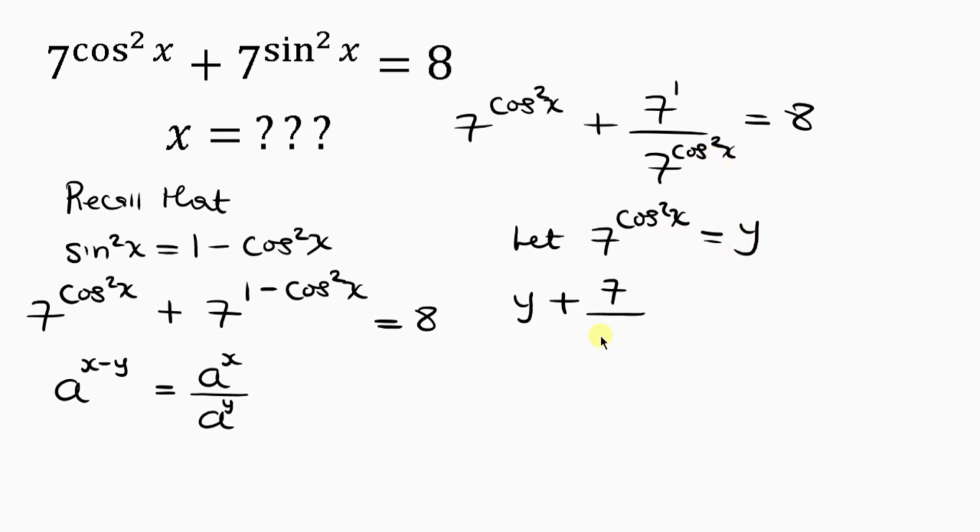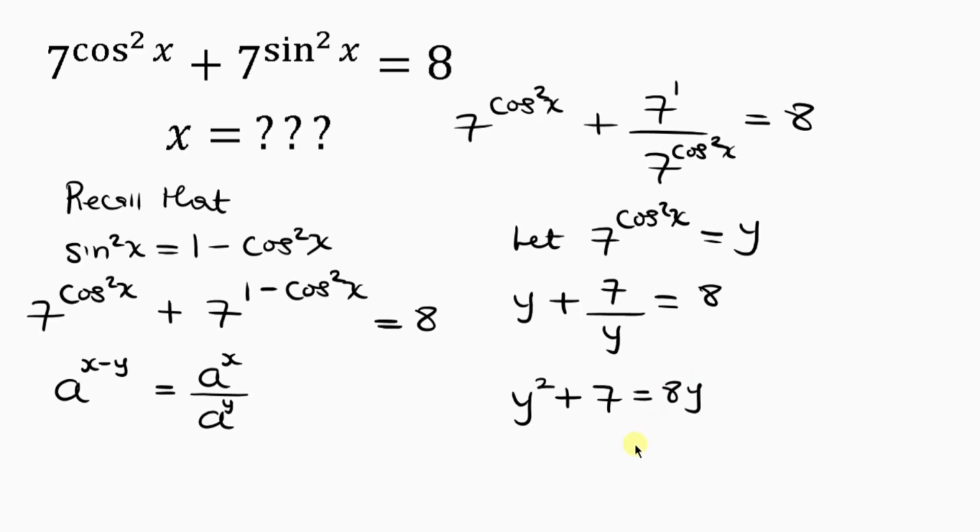Remember we said we're taking that as y, equal to 8. Now let's clear fraction by multiplying through by y. So when I multiply through by y, I'll have y squared plus 7 equal to 8y.